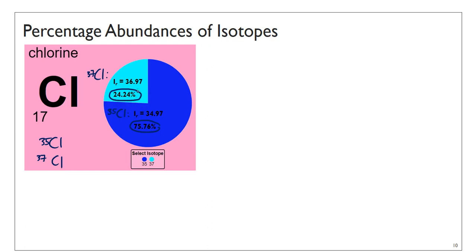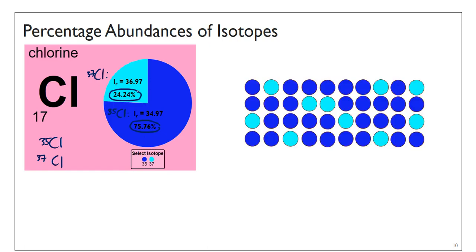So 75.76% of all chlorine atoms are chlorine-35, and 24.24% will be chlorine-37. So if you pick up, say, 40, I think this is 40 chlorine atoms. If you pick up 40 chlorine atoms, about a quarter of them will be chlorine-37, and 3/4 will be chlorine-35.